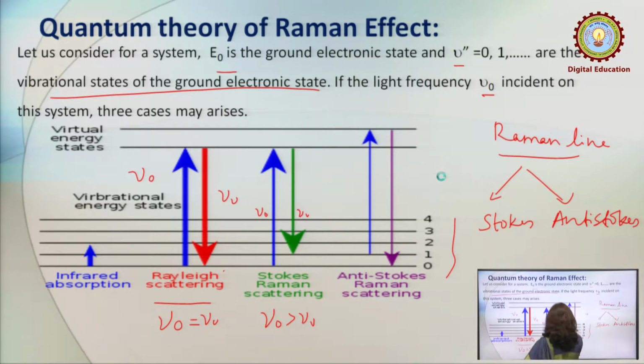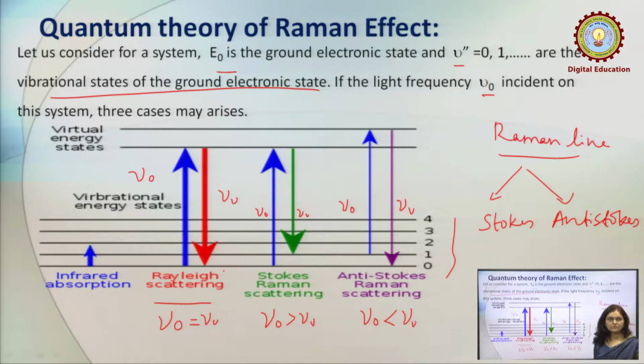So, if this is your initial frequency, incident frequency, and this is after scattering, now in this case, initial frequency is less than scattered frequency. So, this is your anti-Stokes.